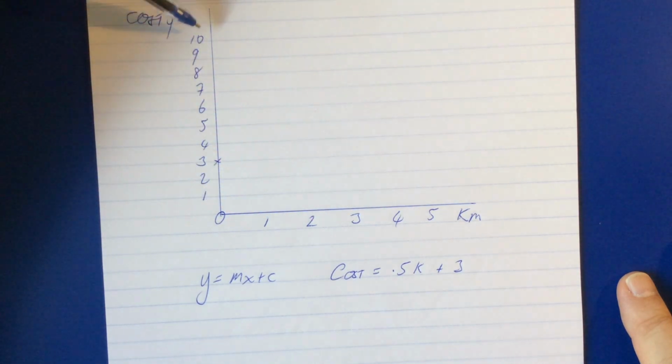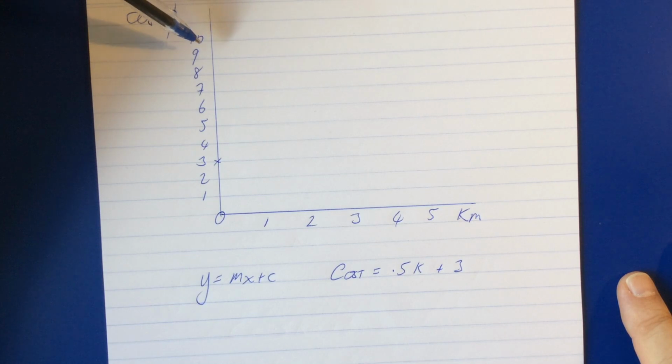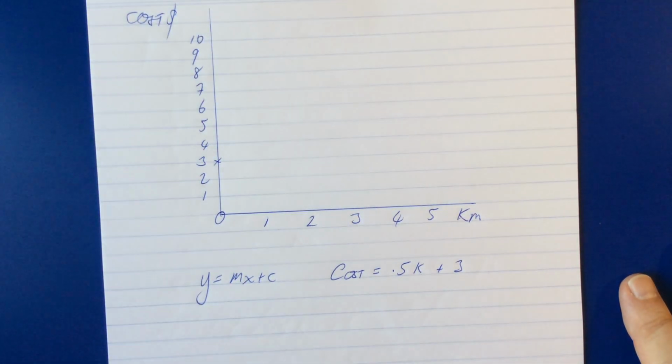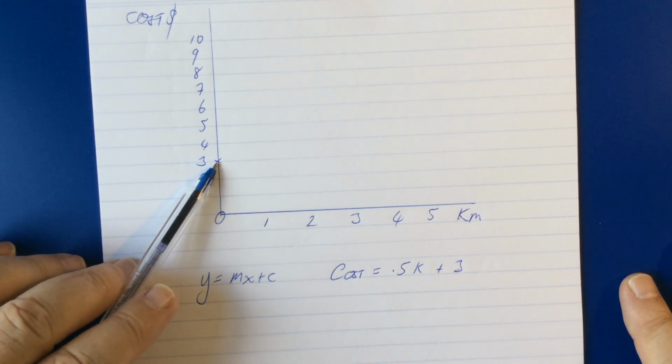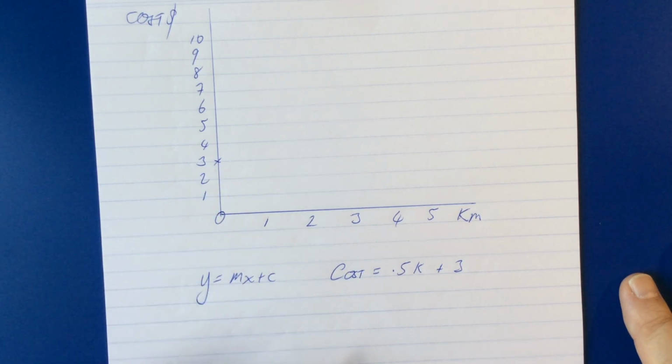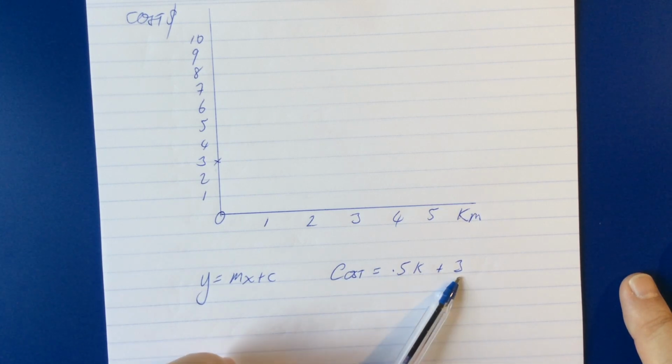Up here I've got our cost in dollars. Now, relating to the taxi cab example, if we go no distance in that taxi cab, we pay $3. And the costs go up half a dollar, 50 cents per kilometre that we travel.